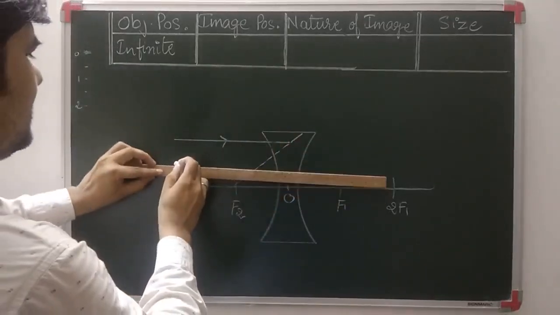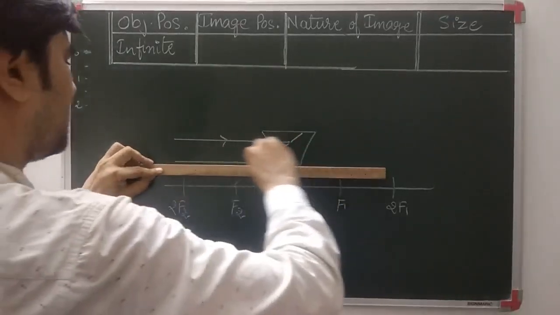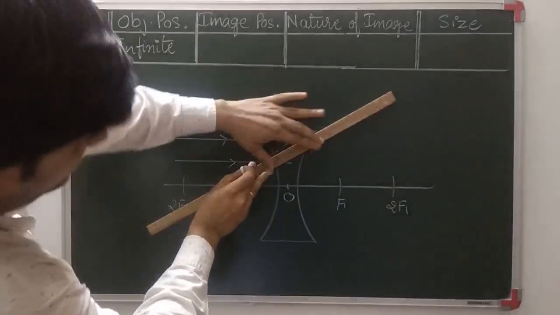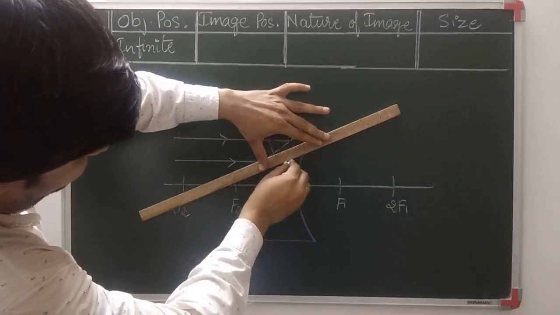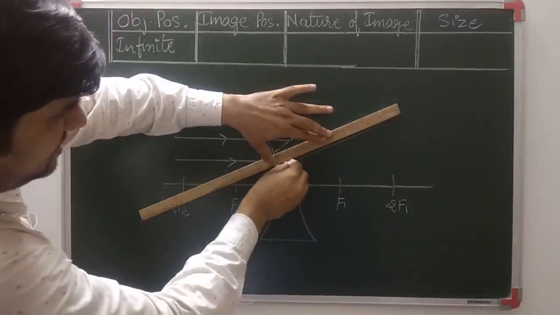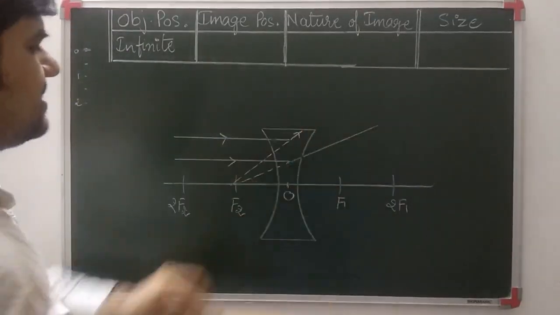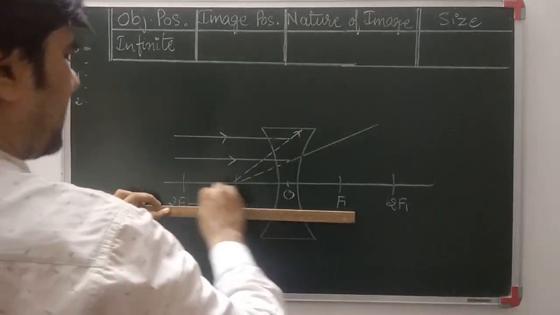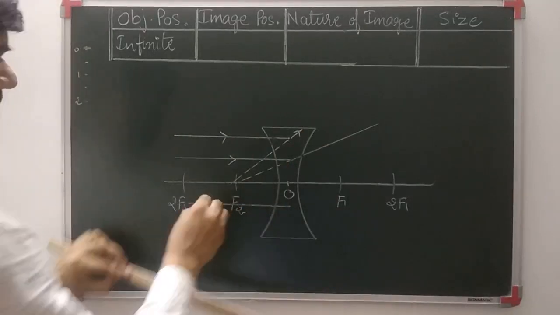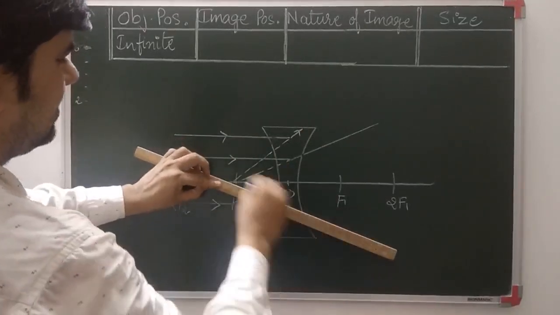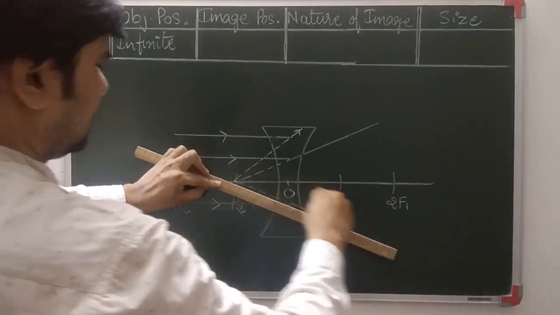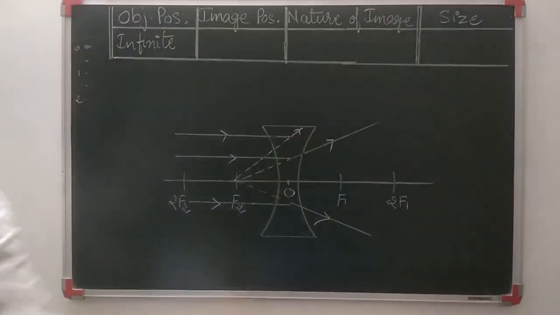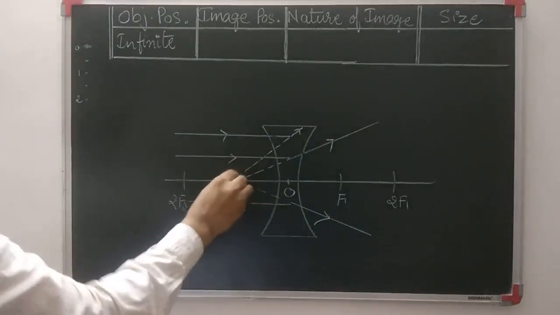One more ray which is parallel to the principal axis, even after the refraction, it is diverging, so it can be extended here. We can take one more ray. This is the divergent ray. All these rays are diverging rays, but when we extend, they all meet at the focus.